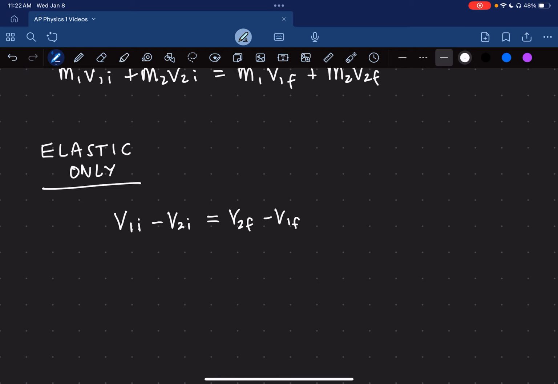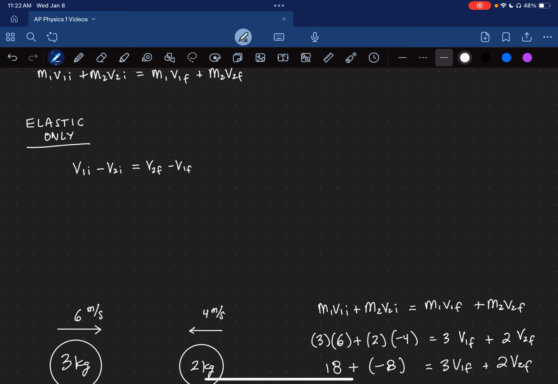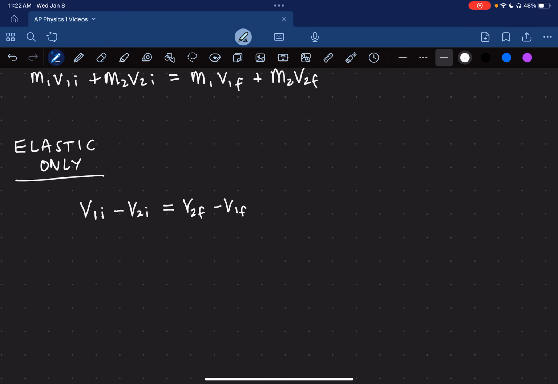Yes, this looks good. I think at the end of this video, I'm going to show how to derive this equation. It's an elastic collision. So this relationship is true. Remember that the kinetic energy is conserved.